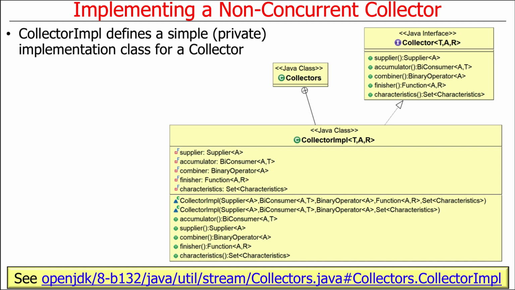So it's only used internally by the Java Collectors utility class. And so Collectors essentially contains within it a private CollectorImpl class. You can see it's got all these fields that correspond to the supplier, accumulator, finisher, combiner, and so on. And then it's got the methods we just talked about. And this CollectorImpl implementation class implements the Collector interface.